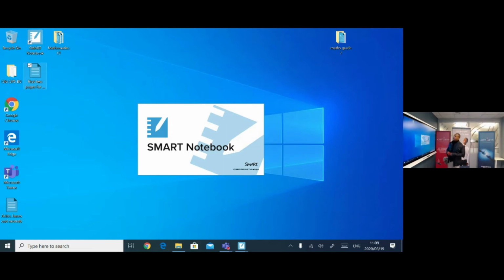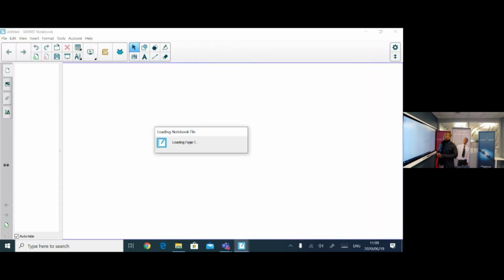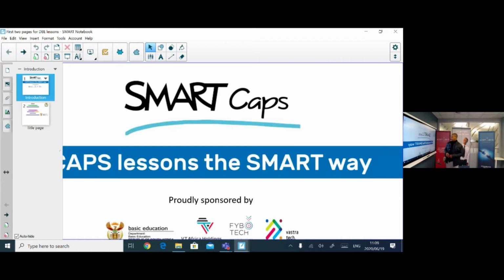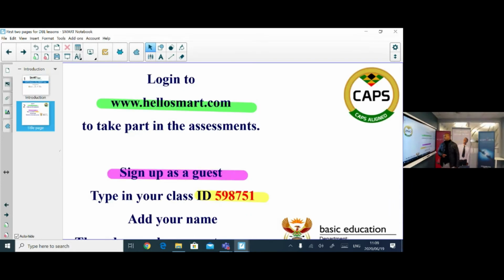And when you're at hellosmart.com, you will be prompted to put your name, and also an ID number, 598751, the one we were using yesterday, and you sign up as a guest. So just go to hellosmart.com and fill in these details, and you are already in the assessment.